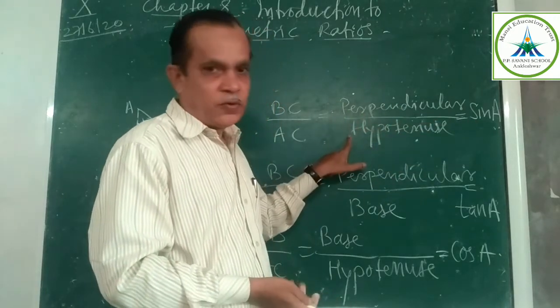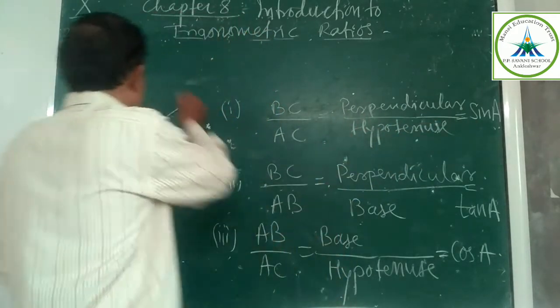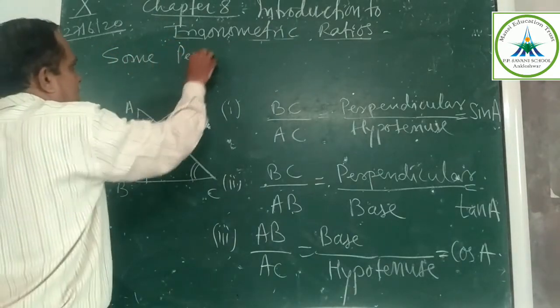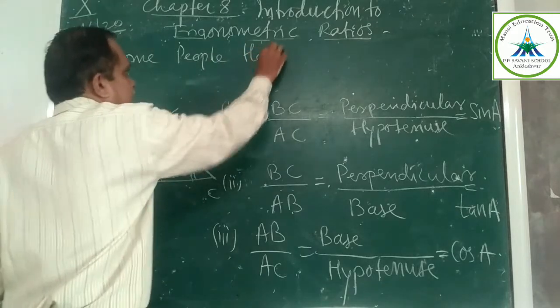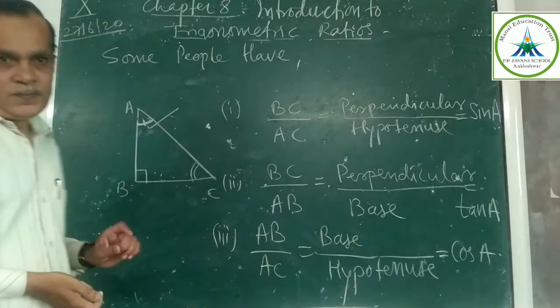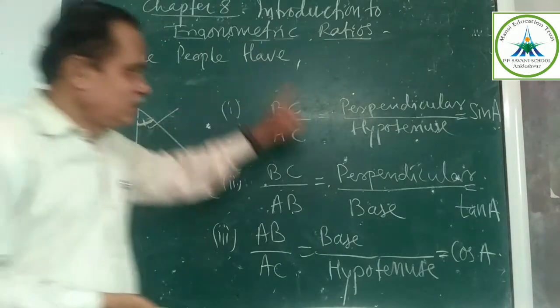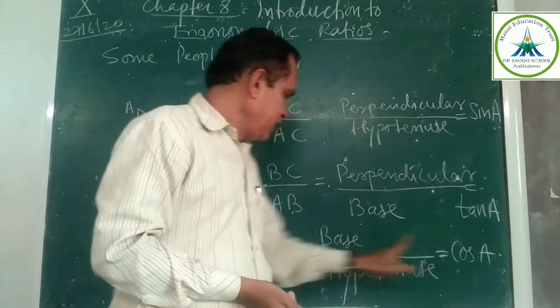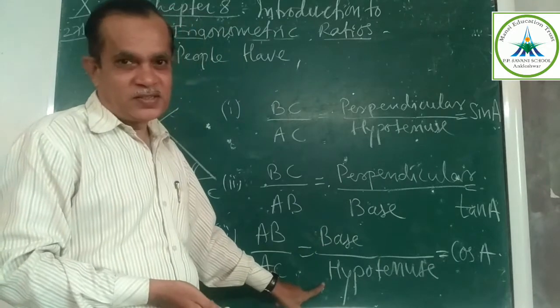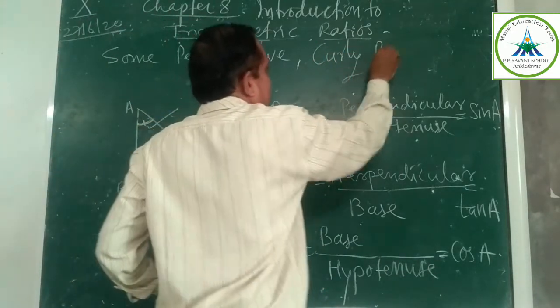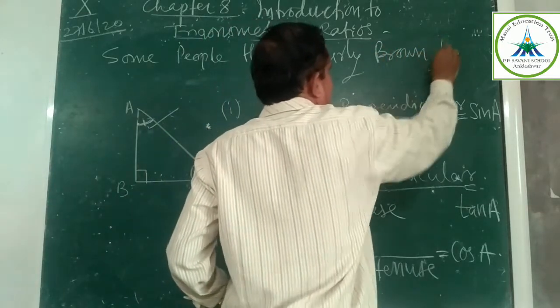Some people have, sine perpendicular hypotenuse. Curly brown hairs.